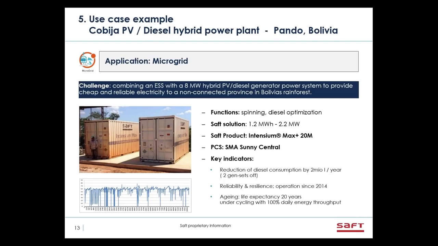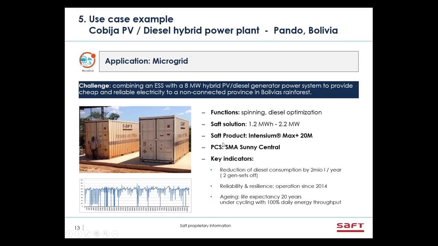And at the same time, it optimizes the diesel operation, avoiding diesels running up and down, with, as a result, a very good reliability and resiliency of the system. It is running since 2014, and the possibility to switch off permanently the diesels saves about 2 million liters of diesel per year.